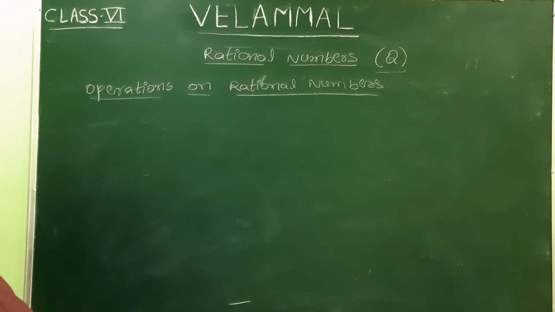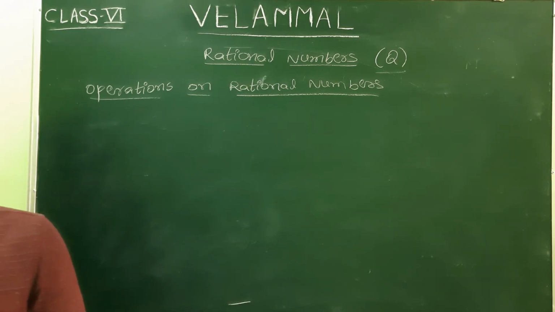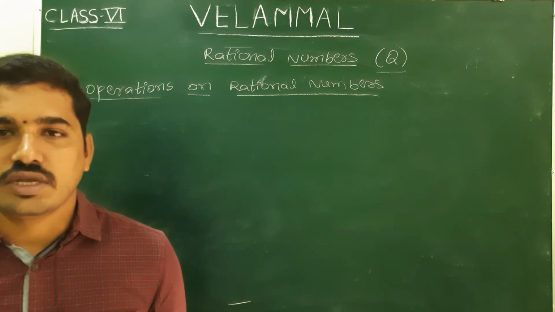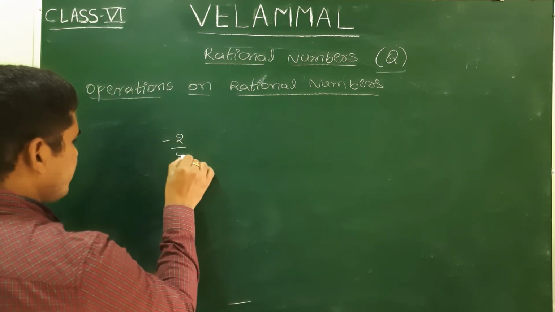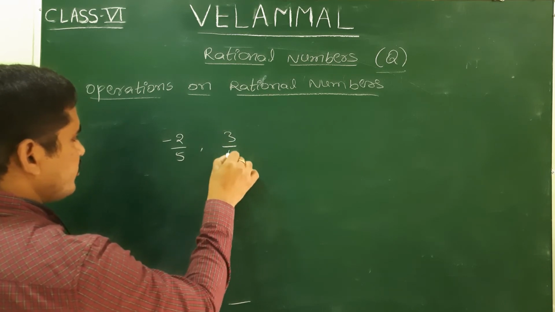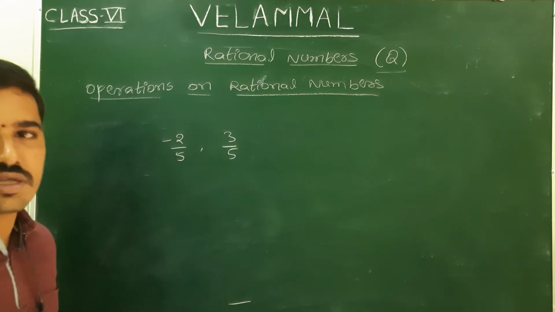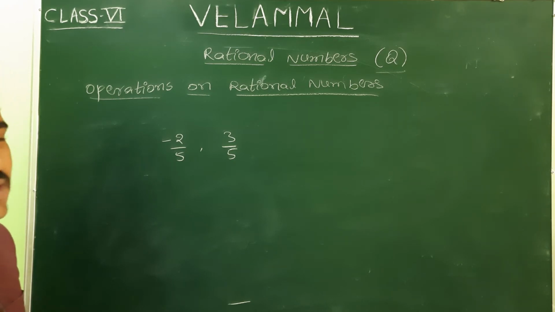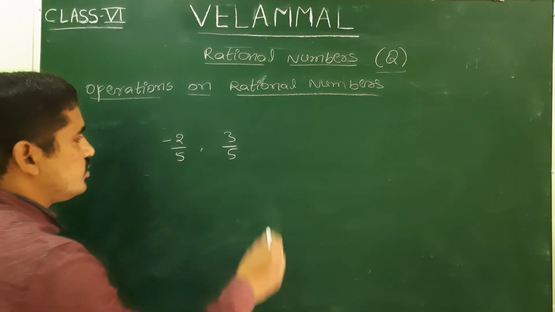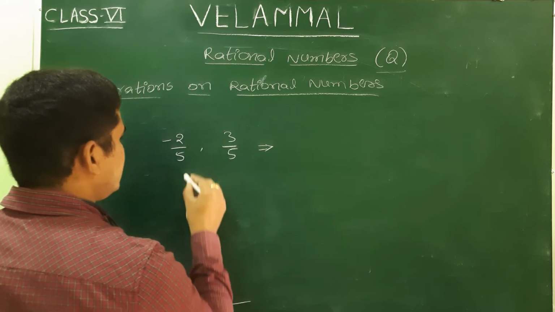Okay. Next, here we can insert rational numbers between two given rational numbers. How can we insert? See, minus 2 by 5 and 3 by 5, for example, these two rational numbers are given. Between these two rational numbers we can insert one rational number. How can we do it?